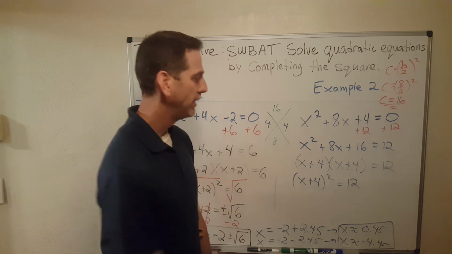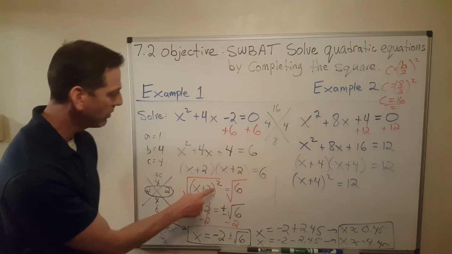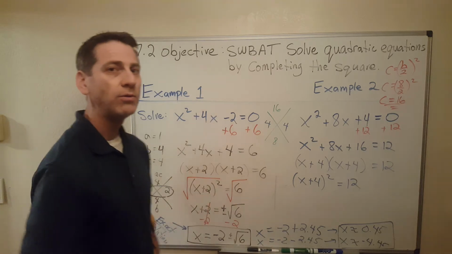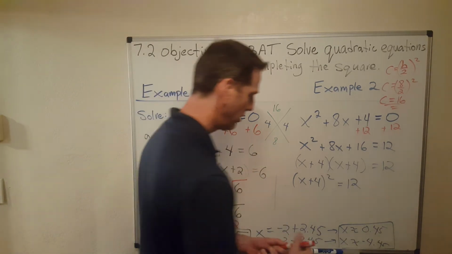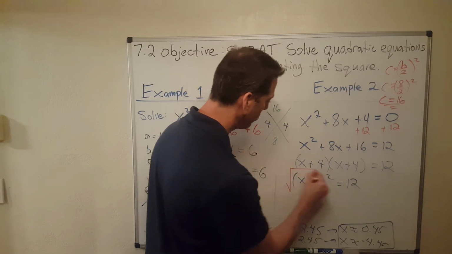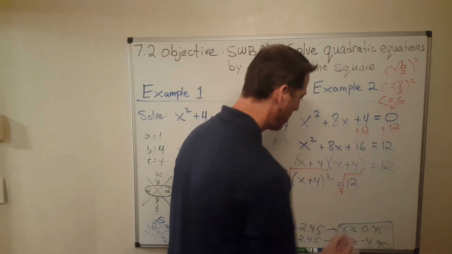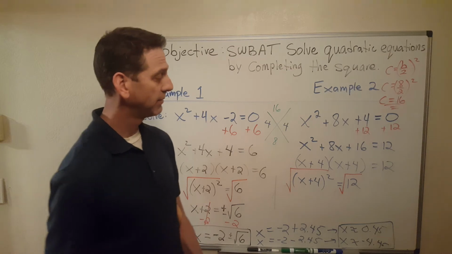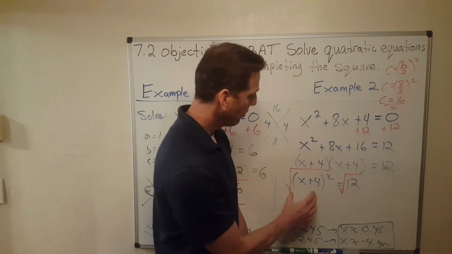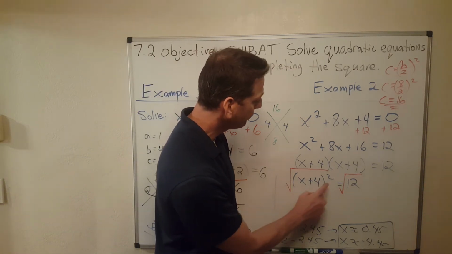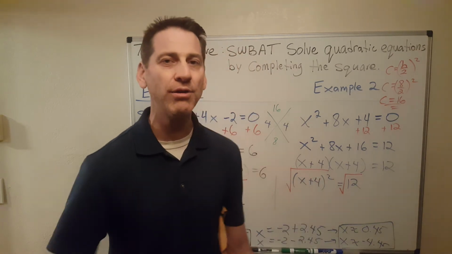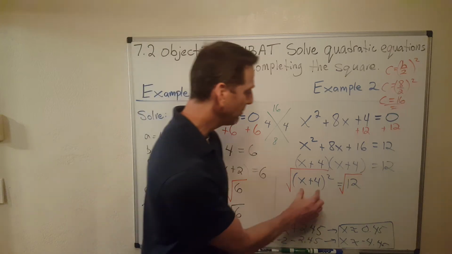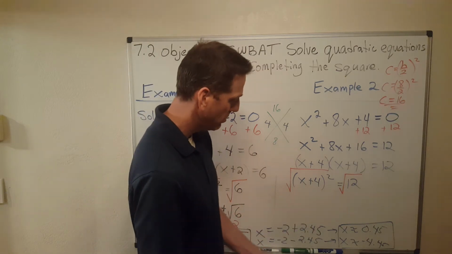All right. Now I need to get rid of that square, right? How did I get rid of the square over here? The inverse of a square is a square root. So let's go ahead and take the square root of both sides. So the square root of x plus 4 squared, remember the square root and the square are going to cancel each other out, and I'm simply left with x plus 4.